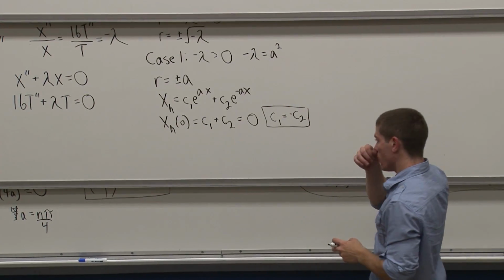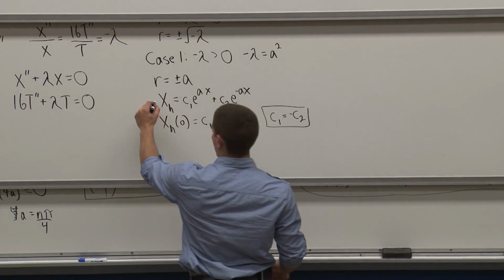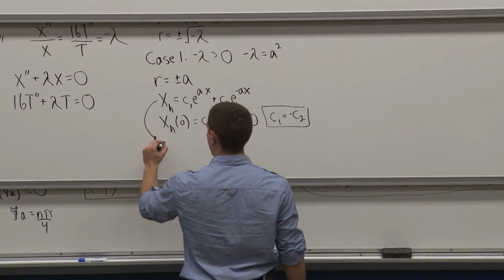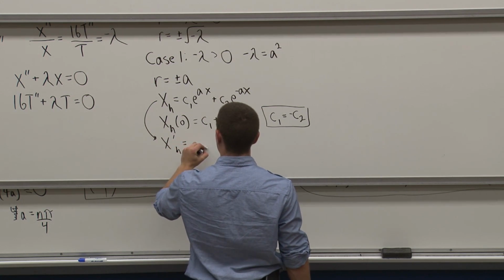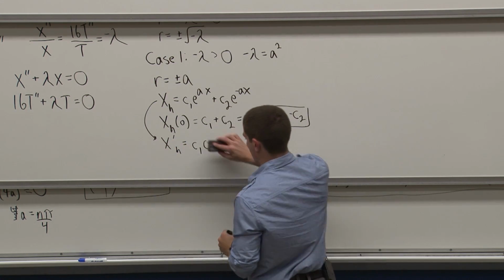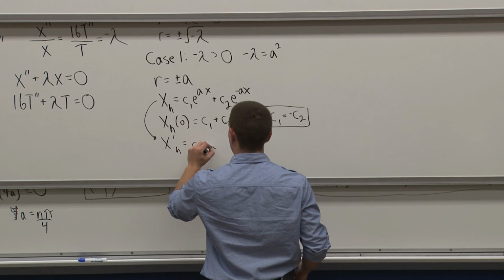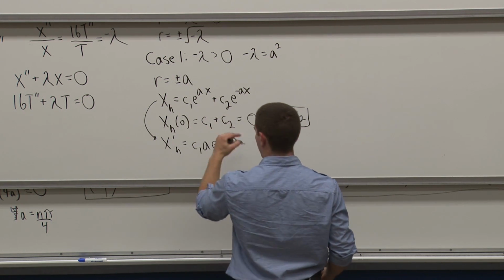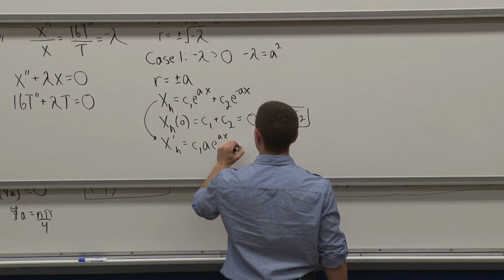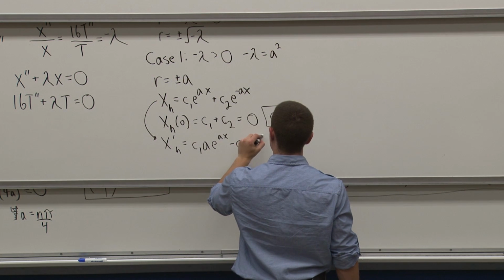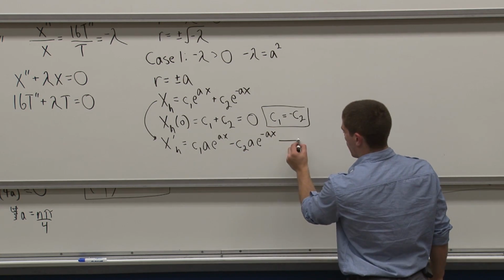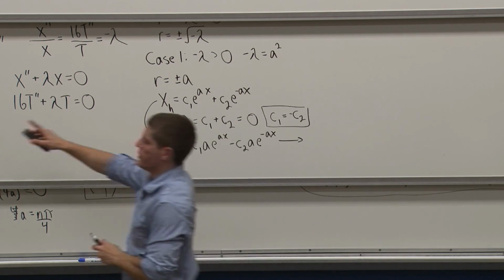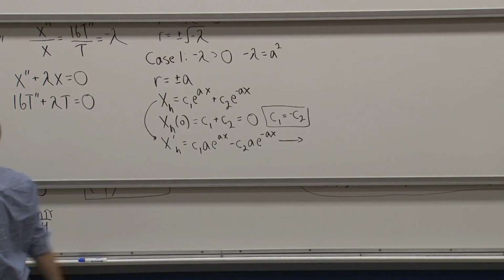All right, so once we have that, we can find the derivative, x prime homogeneous, and you have c1 a e to the ax minus c2 a e to the negative ax. And this, once you plug in 1, is going to be equal to 0.